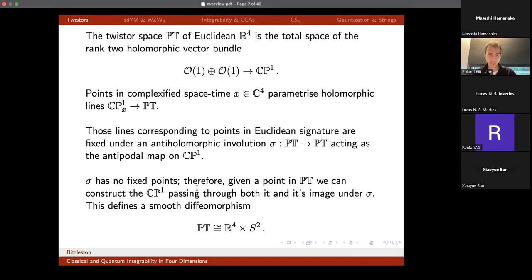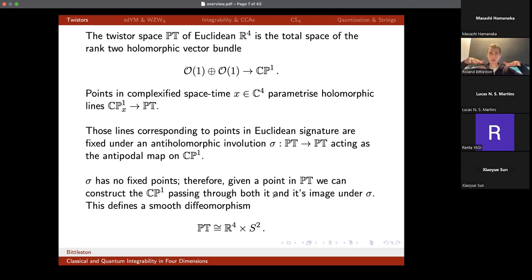So I was assuming that in what I just said, this map from twistor space to space-time gives you a fibration and the fibers are just S2s. And this allows you to think of the twistor space of R4 as R4 cross S2. But it's very important to understand that that's as a smooth manifold.